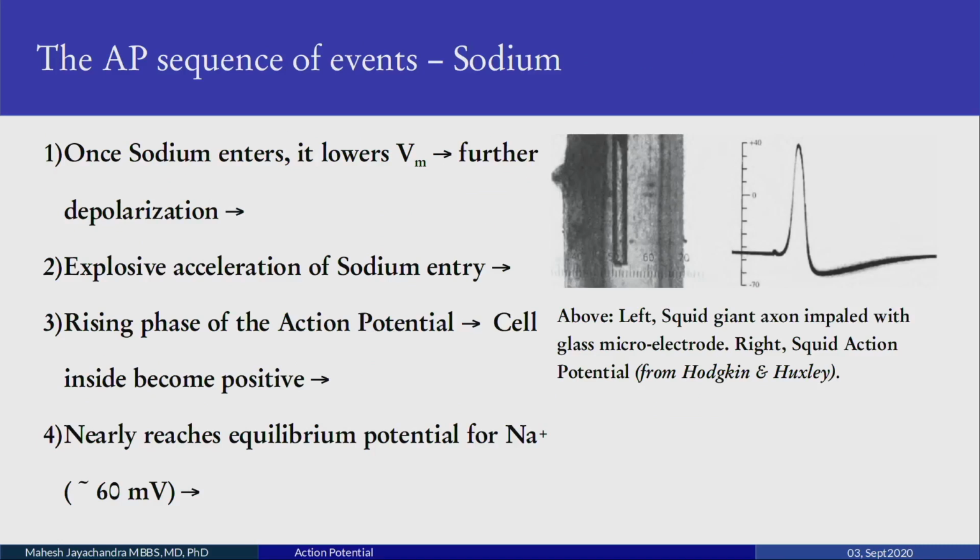Then there's an explosive acceleration of sodium entry, and that is the rising phase of the action potential. The cell inside becomes positive; it really reaches the equilibrium potential for sodium. If you remember, it's about plus 60 millivolts. And on the right, you have the action potential recorded with the intracellular electrode in the squid giant axon.